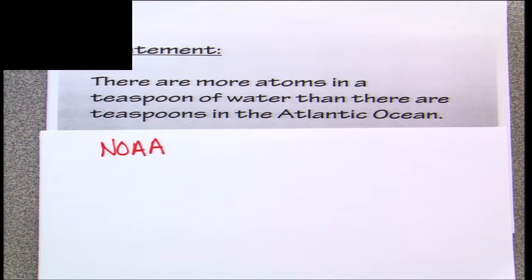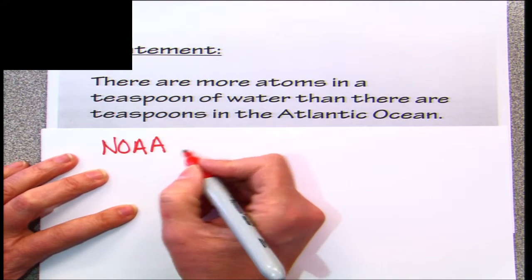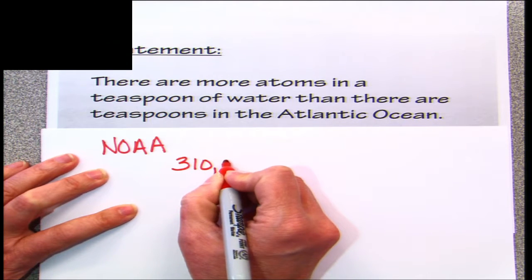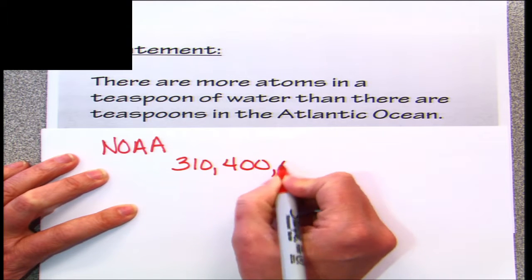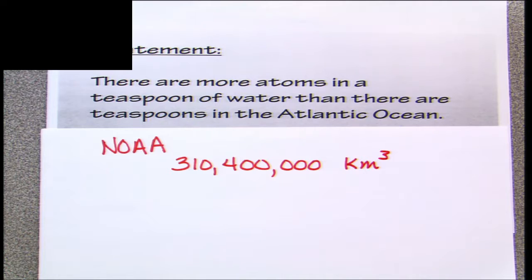It's connected to the Antarctic Ocean and the Arctic Ocean, so it has some interesting boundaries, but NOAA gives the accepted volume of the Atlantic Ocean in kilometers cubed. It's roughly 310 million kilometers cubed.